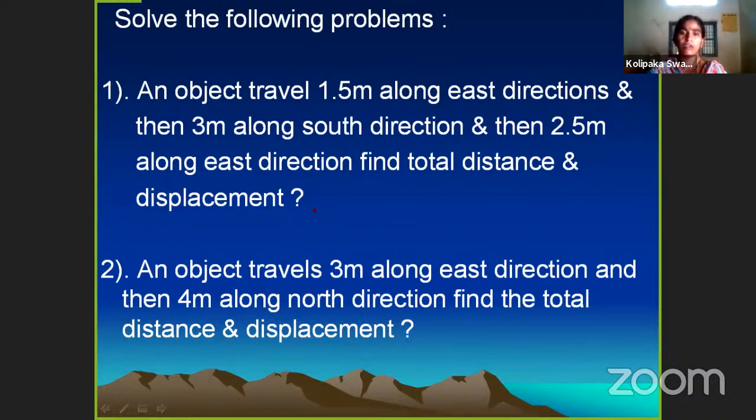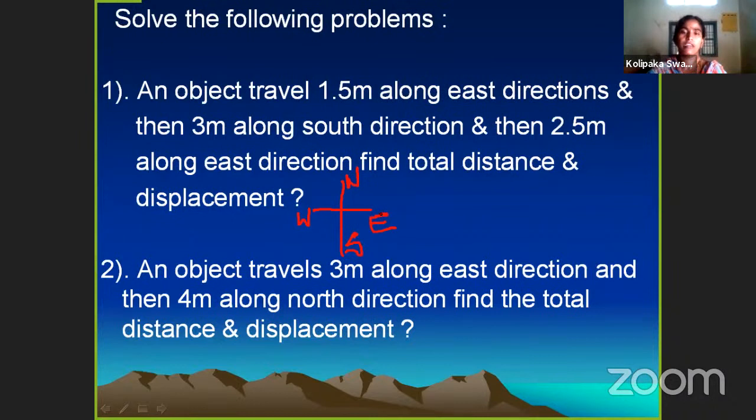You know that geographical map. These are the 4 sides. This is the east and west. This is the north. This is the south. You can draw the picture. First of all, the object travels along the east direction.